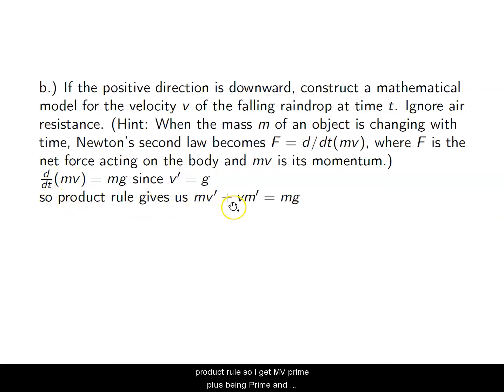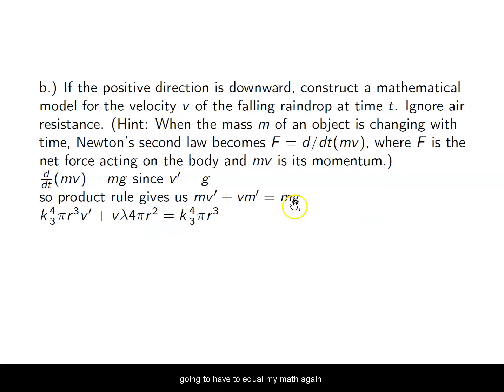So I get m v prime plus v m prime, and that should be equal to mass times gravity, the mass of a falling object. So for m, I'm going to plug in my mass times v prime, which we know is gravity, and I'm going to have v times my m prime, or my surface area times that constant of proportionality, which is why we have the lambda here.